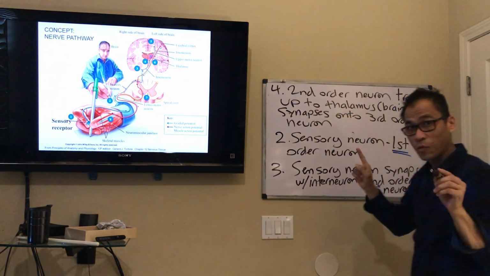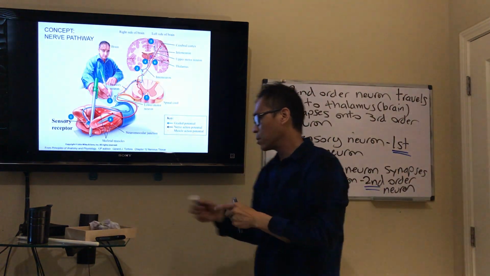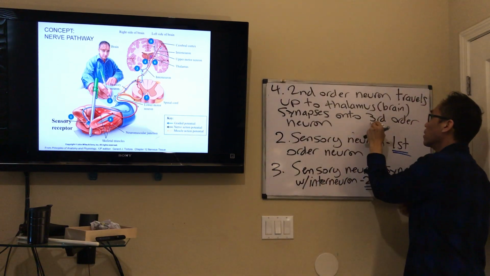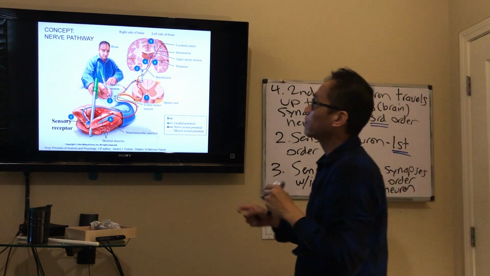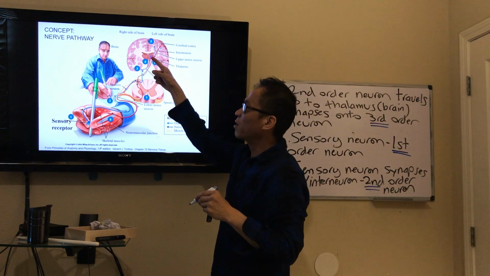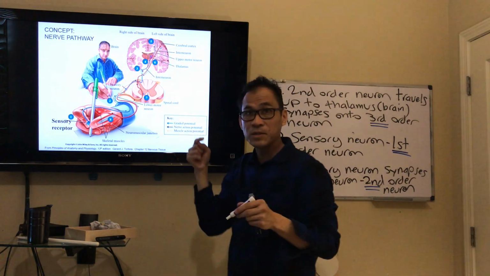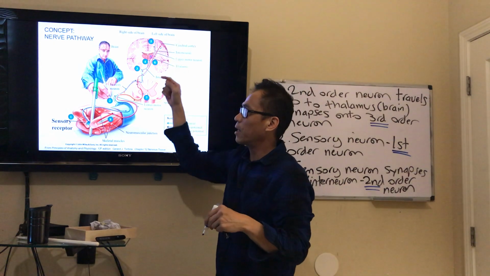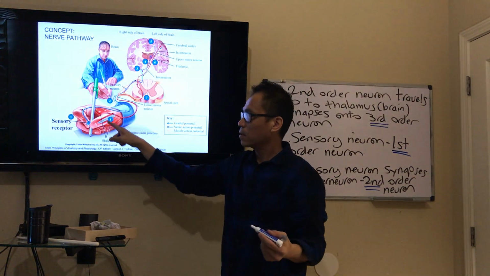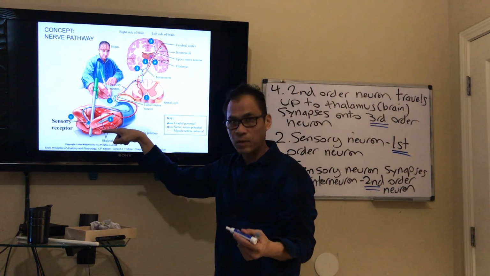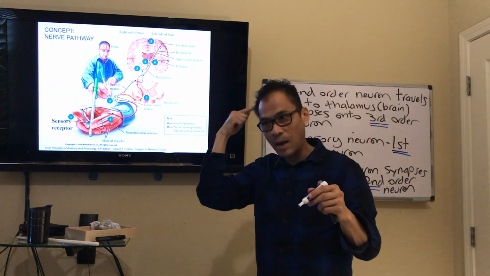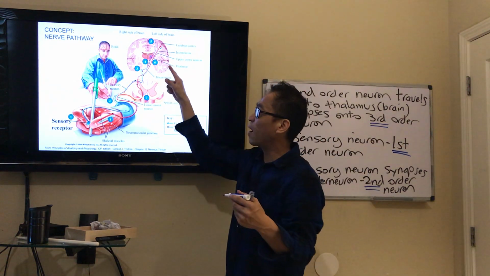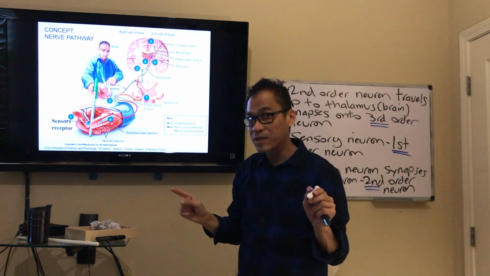We finally got to the third cell, the third order neuron. Then step 5, the third order neuron travels to the correct part of the cerebrum, the part of the brain that is for feeling this part of your hand or your fingers. Each part of the cerebral cortex corresponds to some body part.